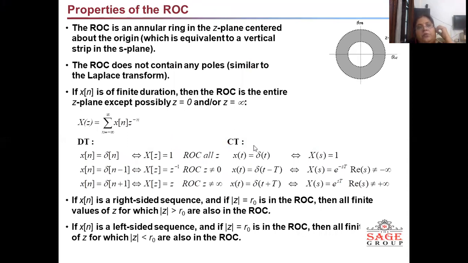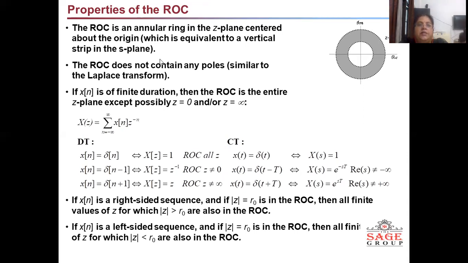Now we conclude some properties which we have discussed and seen through the different numericals. The ROC means the region of convergence. The ROC is an annular ring in the Z plane centered about the origin, which is equivalent to a vertical strip in the S plane.